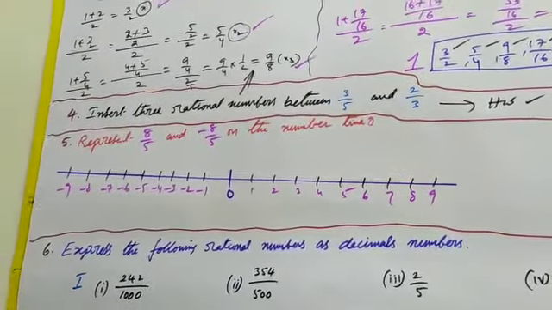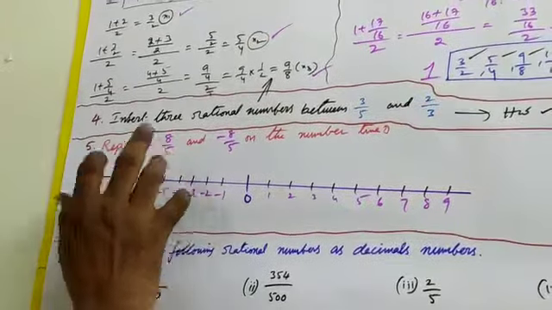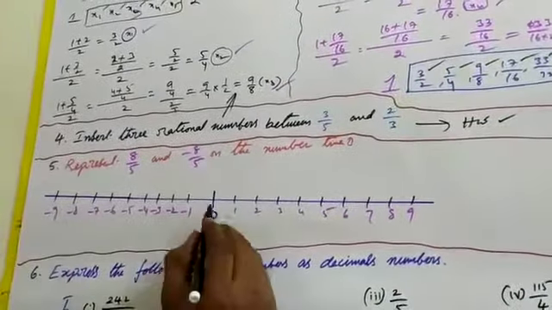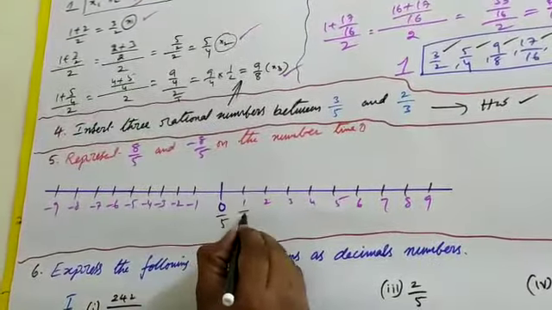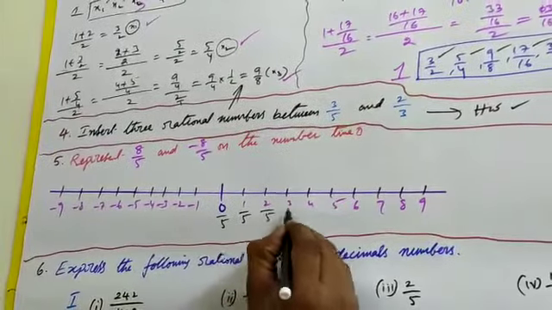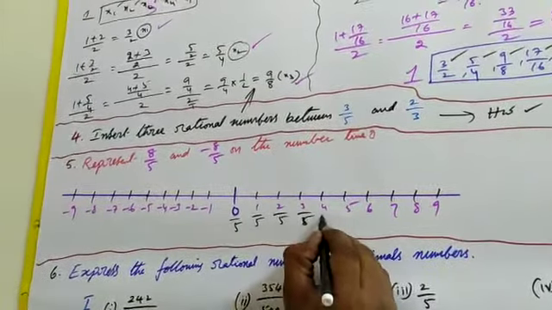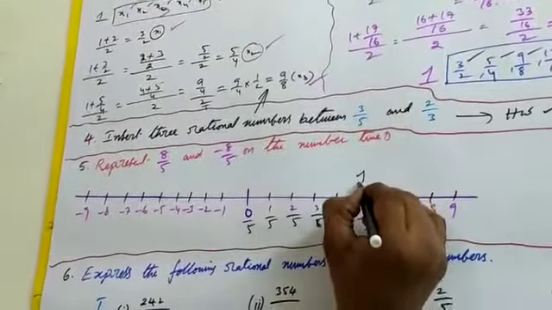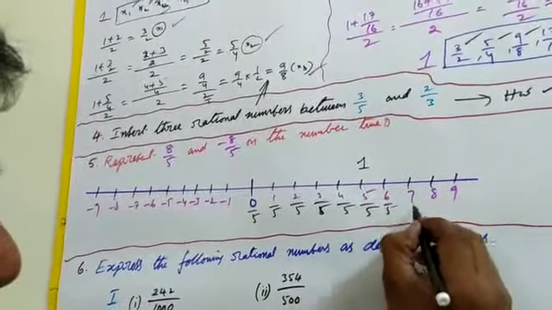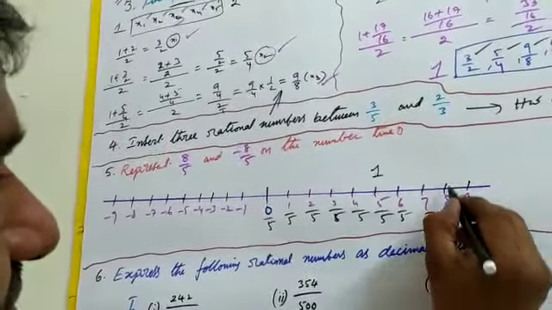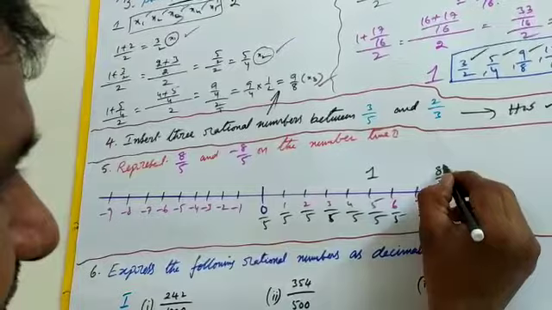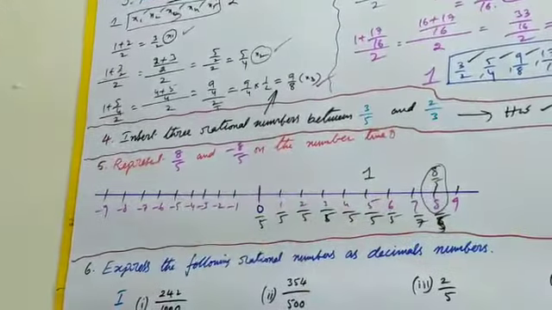What is the fraction? 8 by 5. You take the division 5: 0 by 5, 1 by 5, 2 by 5, 3 by 5, 4 by 5, 5 by 5. The 5 by 5 means 1. Then 6 by 5, 7 by 5, 8 by 5. This is 1.